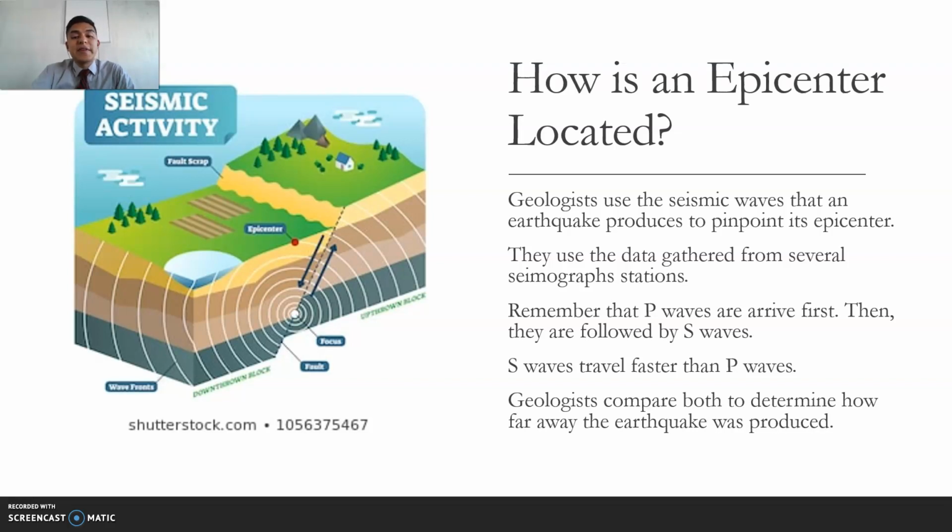Since you are measuring both types of waves, the P waves as well as the S waves, and as geologists already know the velocity of each one of these waves, they can use it to pinpoint the epicenter and the distance from where it was produced. All right.